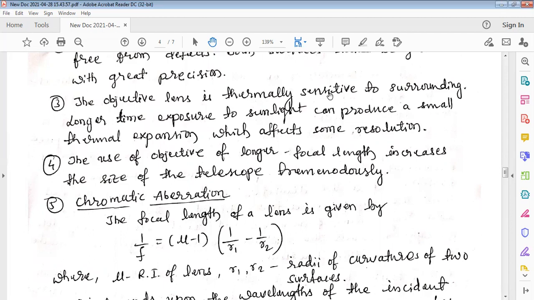So quite naturally, the objective gets heated, and once it is heated, there can be some small thermal expansion, which leads to problems.